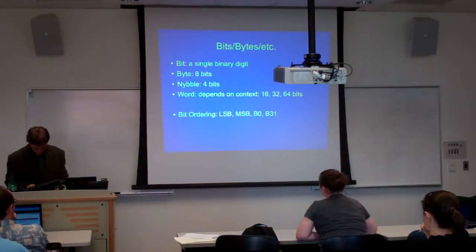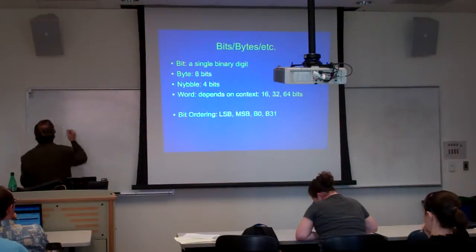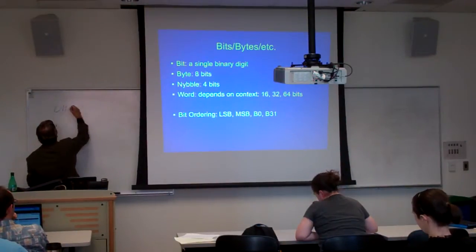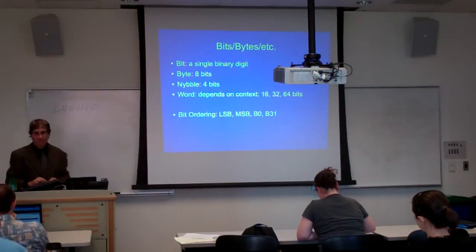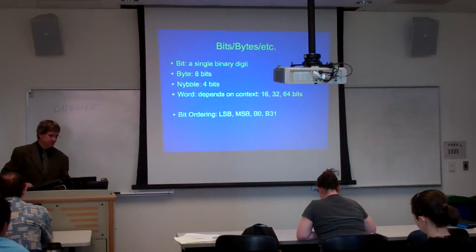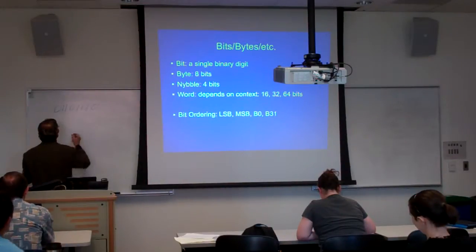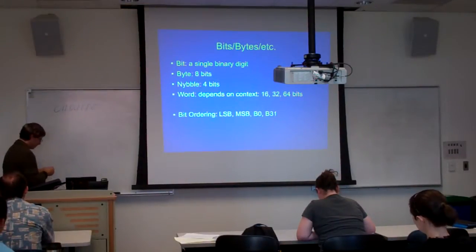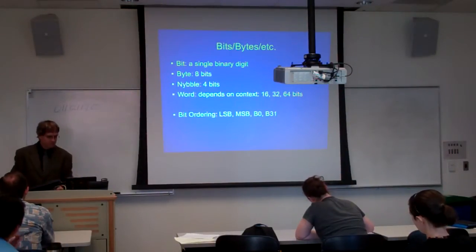So the most common thing we'll deal with is a byte. 8 bits makes a byte. Okay, that's a pretty standard definition. You don't hear it as much, but a nibble is half a byte. Okay, 4 bits. That's a nibble. We'll see what we use those for in a bit.